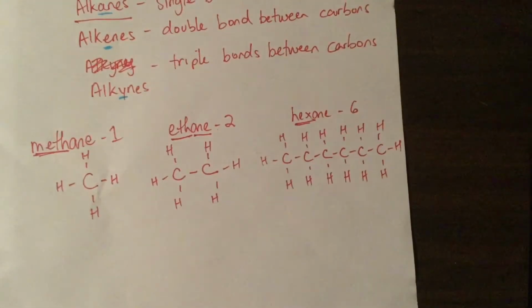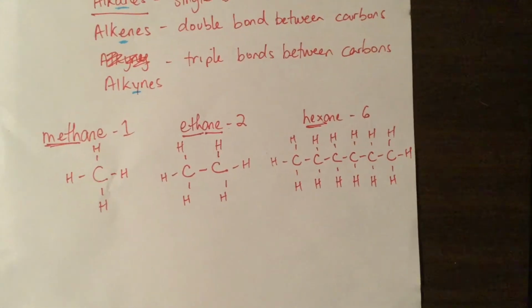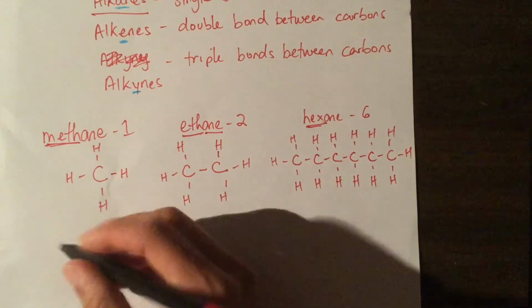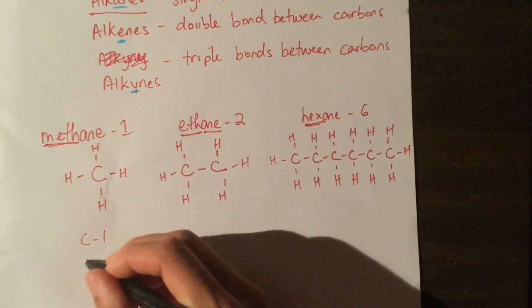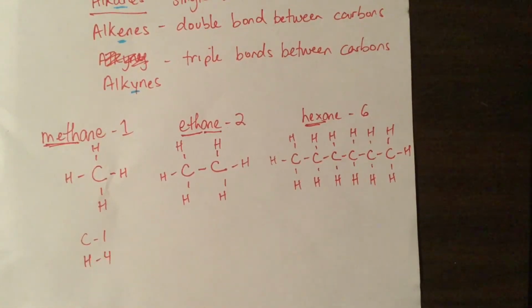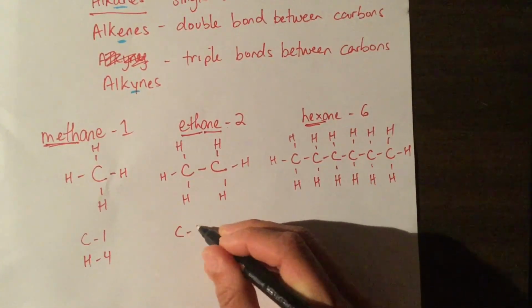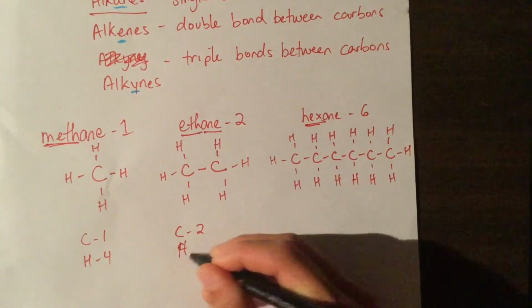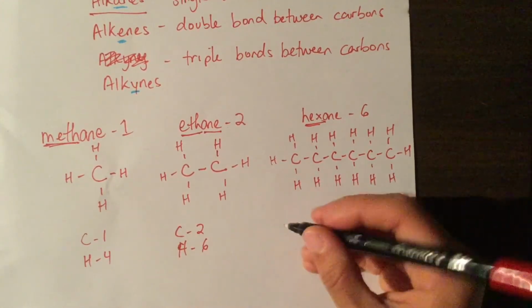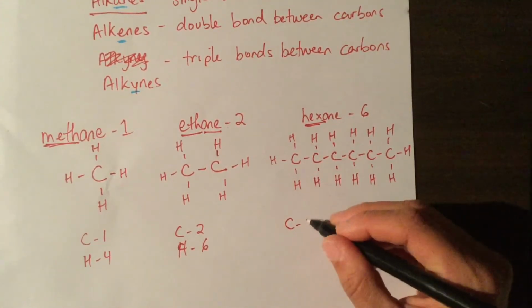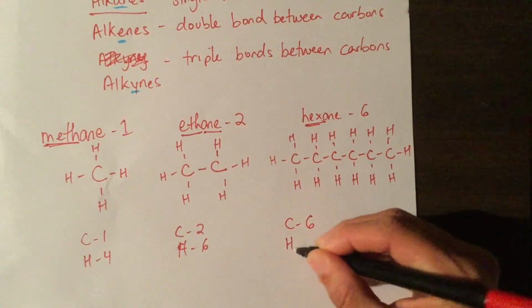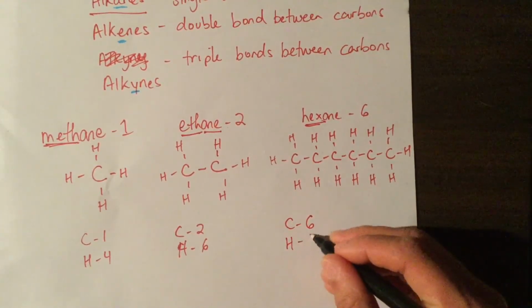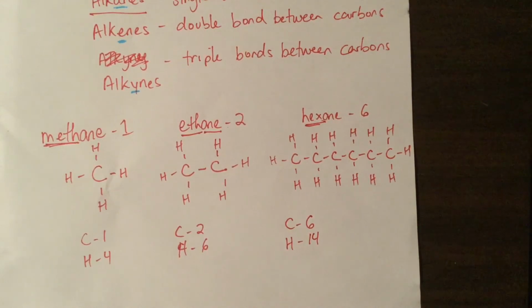One of the things that I want you to pay attention to is the number of carbons you have and how many hydrogens you have. So here we've got 1 carbon and 4 hydrogens. Here we have 2 carbons and 6 hydrogens. Here we have 6 carbons and we've got 14 hydrogens.